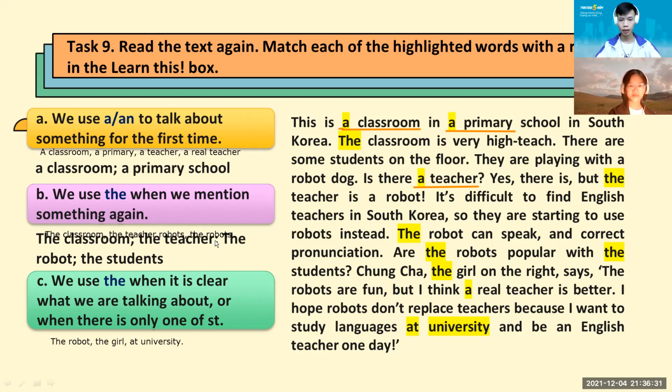We use the when it is clear what we are talking about, or when there is only one of something: the robot, the girl, the girl on the right, or at university. Okay.